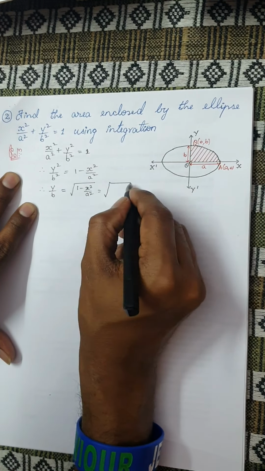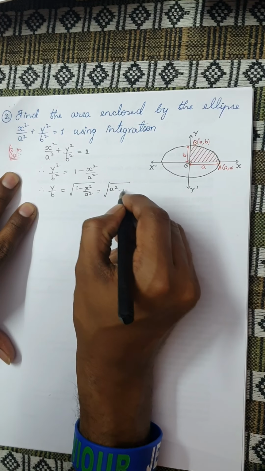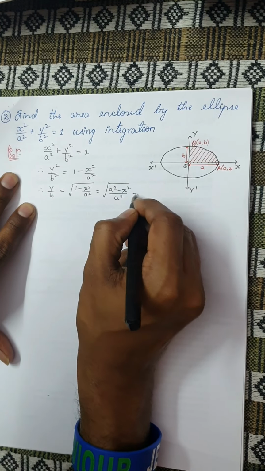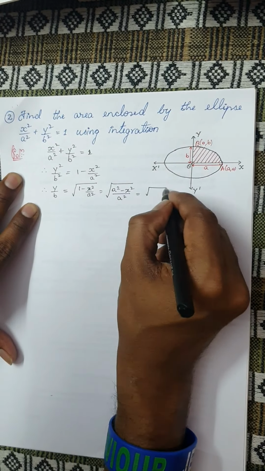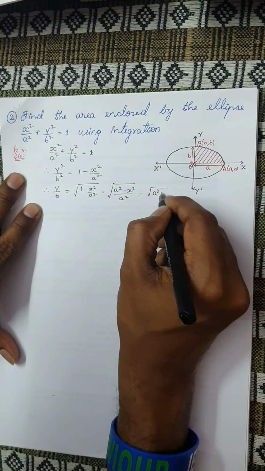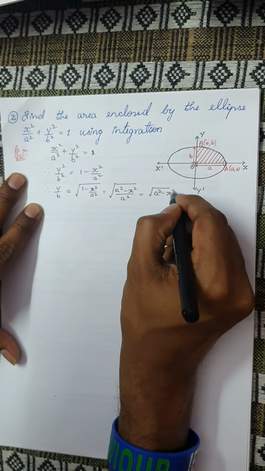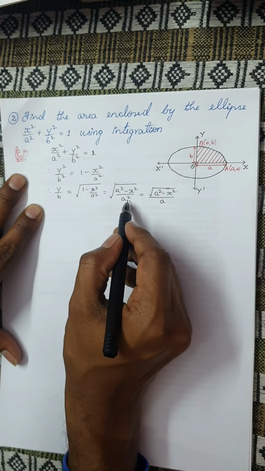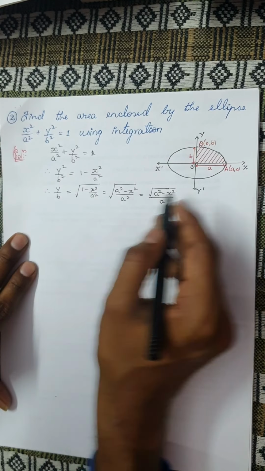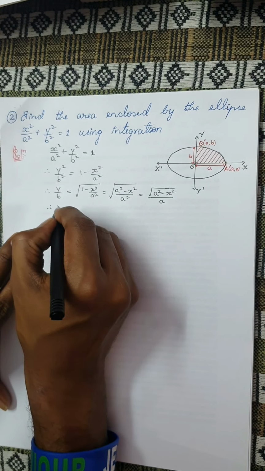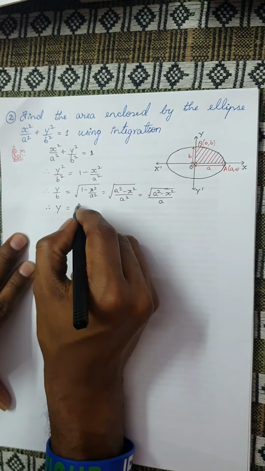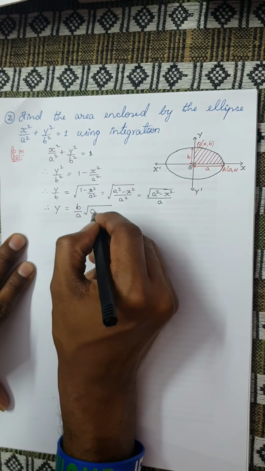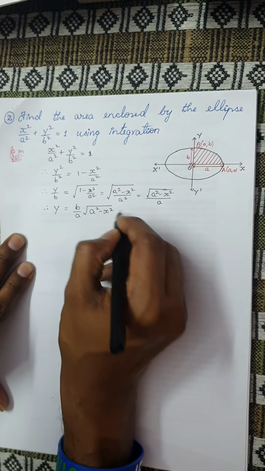If you take the LCM, you will get a square minus x square divided by a square. Therefore you can just take the root for the numerator, writing root of a square minus x square divided by a, because square root of a square would be just a. Then cross multiplying, you get the value of y. Therefore y would be b divided by a into root of a square minus x square.